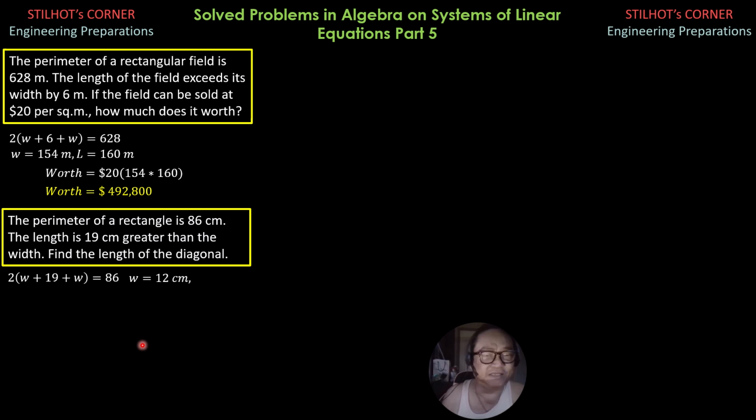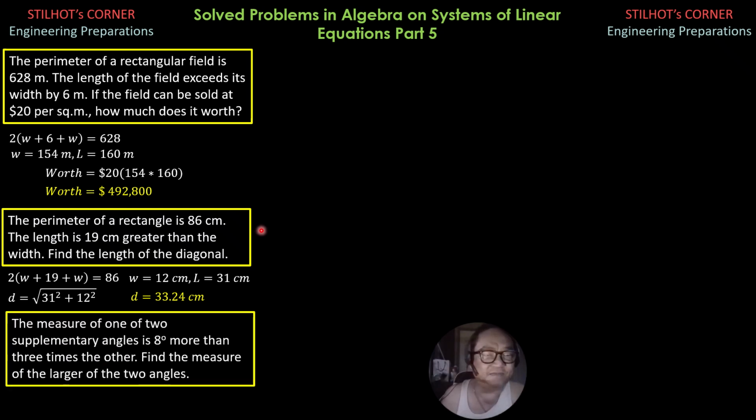So W is 12 cm and the length is 31 cm. Therefore, the diagonal is the square root of 31 squared plus 12 squared, and that is equal to 33.24 centimeters.